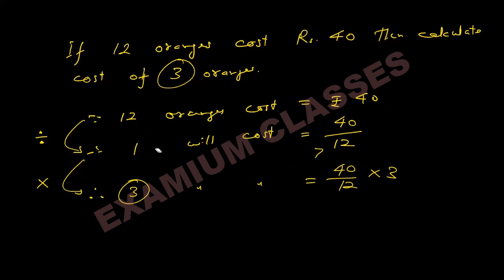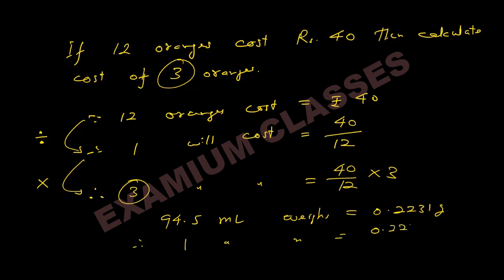Same thing I am doing in the calculation there: if 94.5 milliliter weighs 0.2231 grams, then 1 milliliter will weigh 0.2231 divided by 94.5. This goes into the denominator.